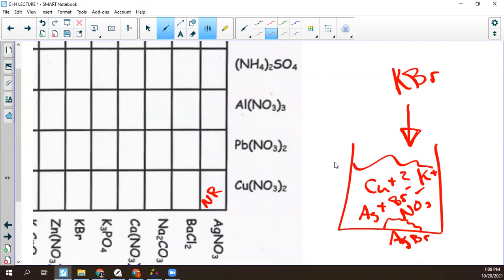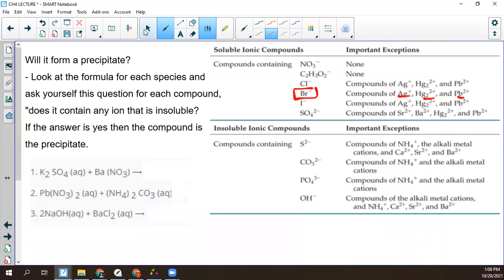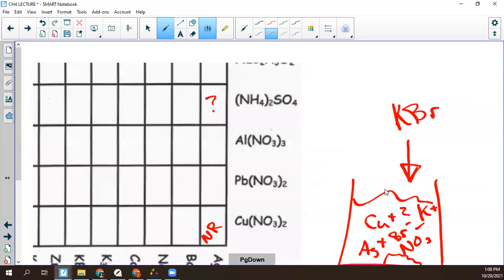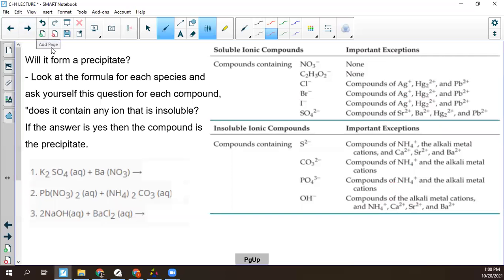All right. Tell your lab partners, what would happen right here? It is AgNO3 plus something SO4.